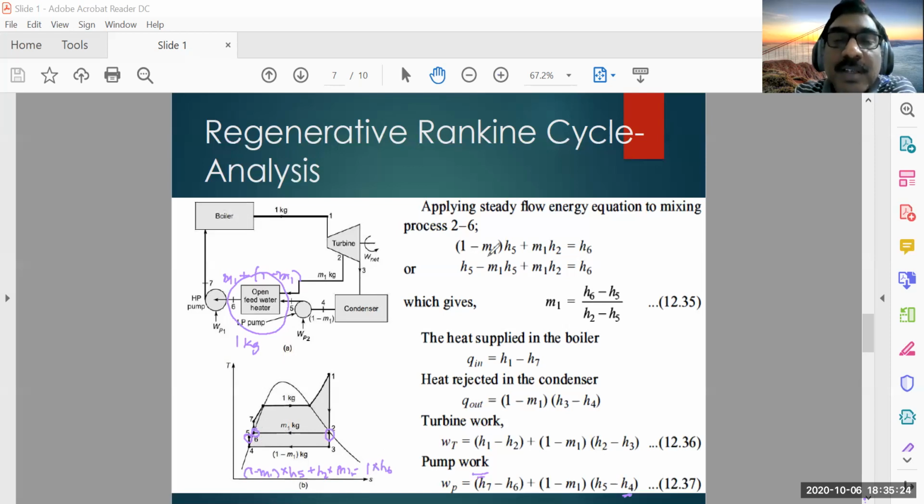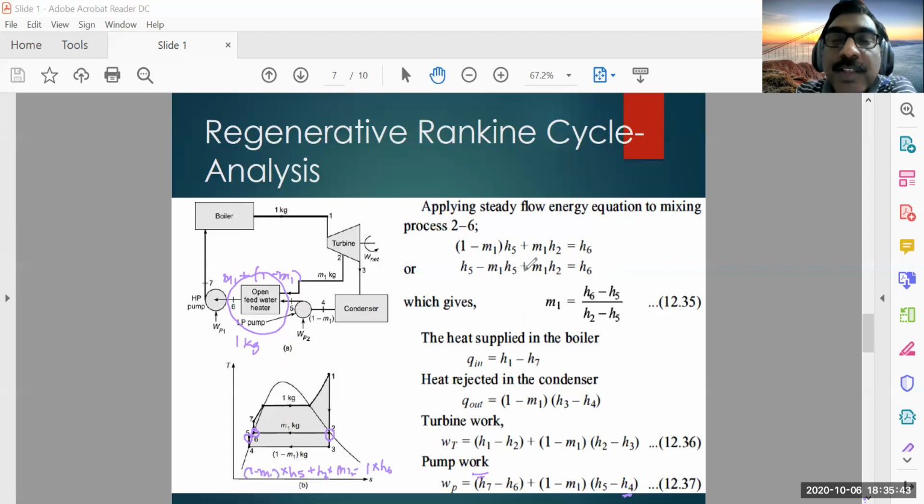(1 minus m1) into H5 plus m1 into H2 is equal to H6. Or if you rearrange the terms, H5 minus m1 H5 plus m1 H2 is equal to H6.